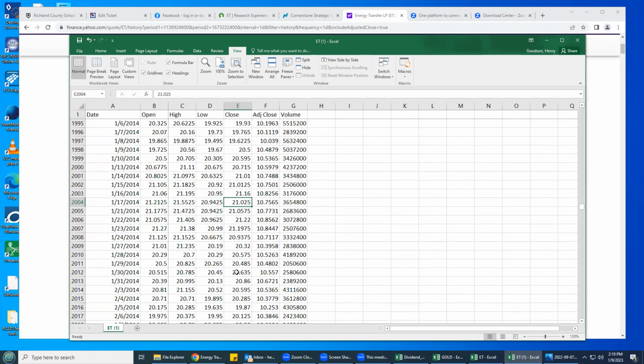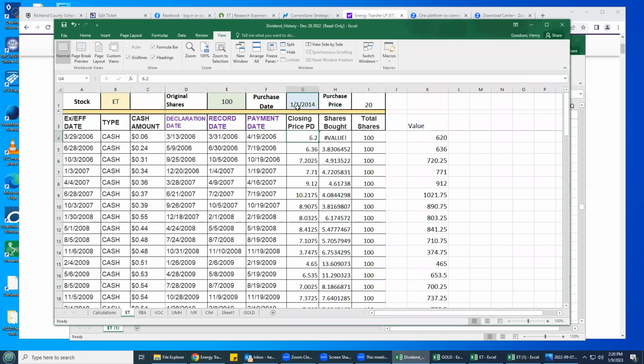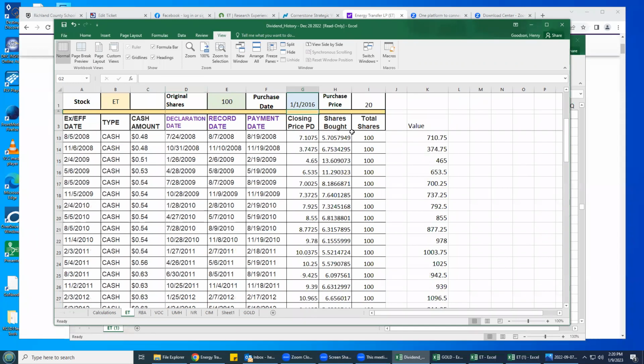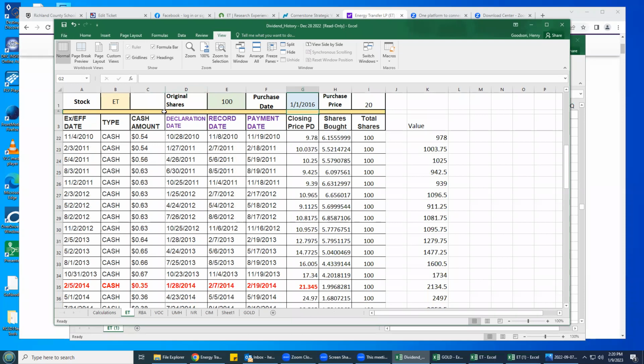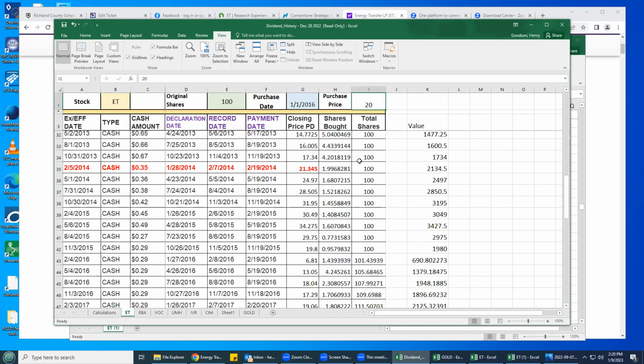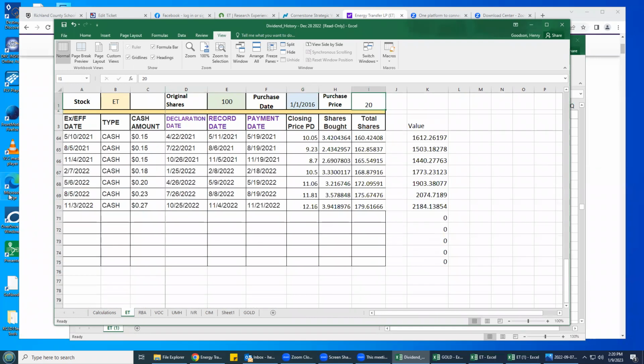But in general, if we went back to this thing and said, well, it didn't do a split, to be on the safe side, we're just gonna make it 5 years, 6 years. Then what this would tell you is that if you bought 100 shares in 2016 at $20, 6 years ago, with dividends up to the last time it paid, your 100 shares would have turned into 179 shares.